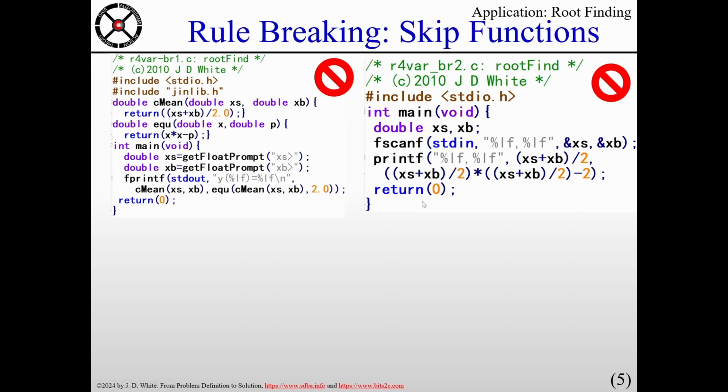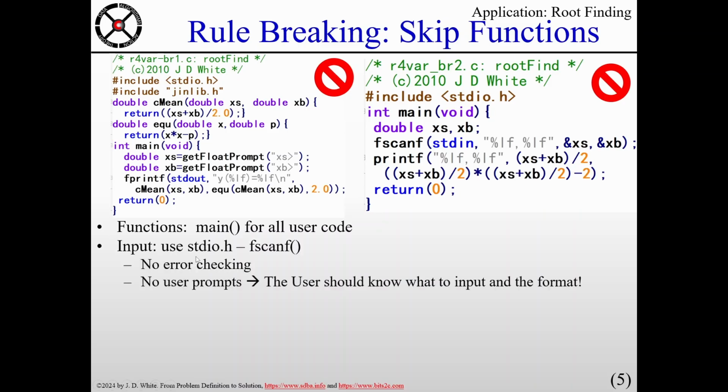I reduced the functions, okay? So main is being used for all user code. There's really no explanation of what's going on. For input, I'm using the standard input library fscanf. Now, the problem with doing it this way is there's no error checking, and there are no user prompts being given.